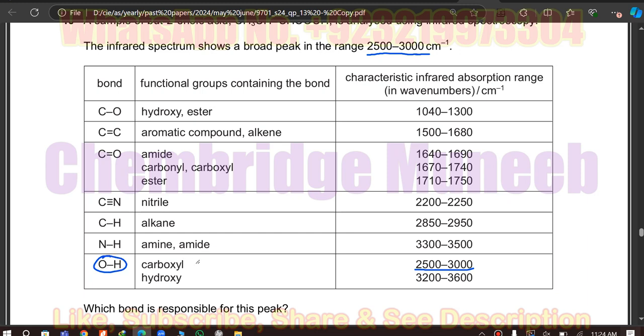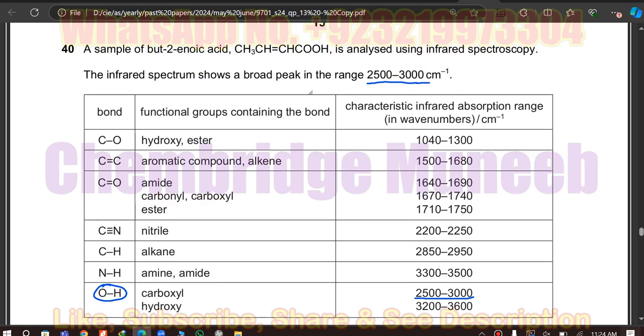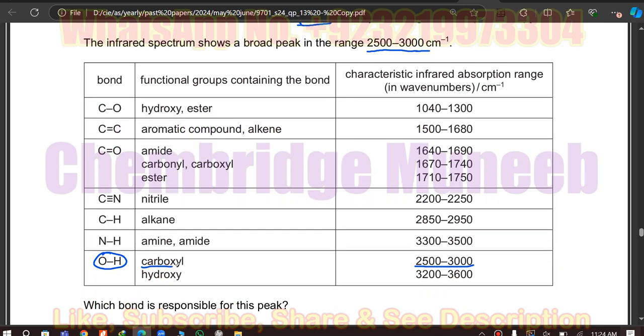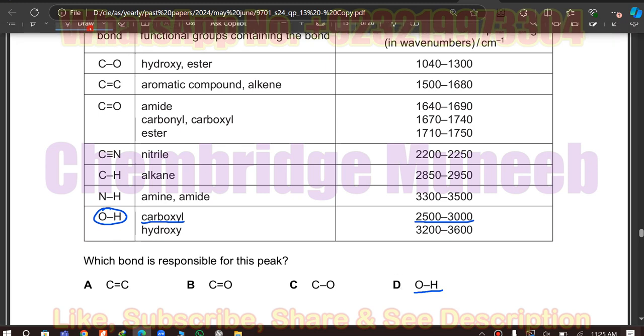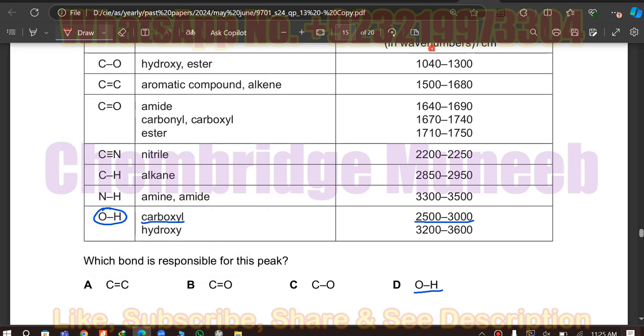Now this OH group can be present in both hydroxyl compounds as well as carboxyl compounds, and this compound has the carboxylic group here, which means it is present in the carboxylic group. And it asks which bond is responsible for this peak. So it is the OH group, and the OH group is present in the carboxylic acid. So this is the OH group which is giving you the peak of 2500 to 3000 per cm. That's why the right option becomes D.